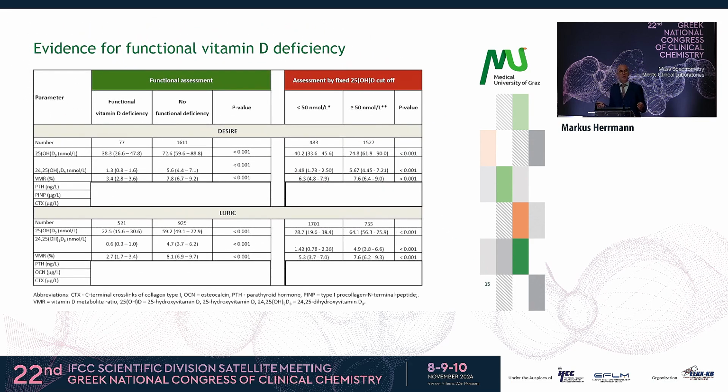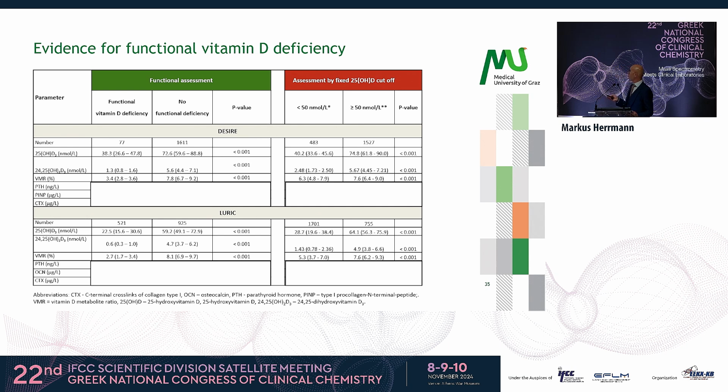So next we wanted to understand if our metabolic approach is of any clinical relevance. And for that purpose, we measured PTH and the biochemical bone turnover markers CTX1, P1NP, and osteocalcin in both cohorts. Now here we compared the traditional approach with our functional approach.